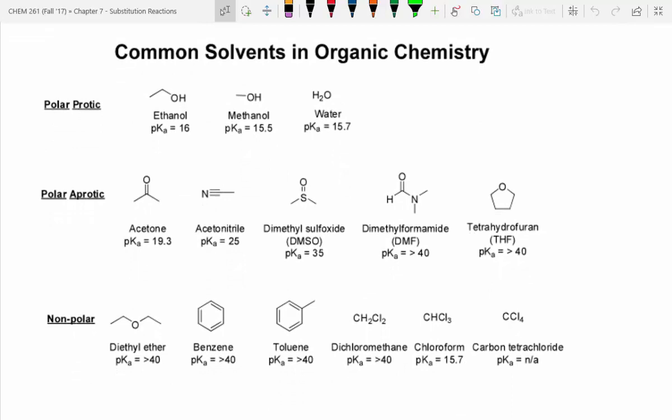The first one are polar protic solvents, and what does it mean if you're protic? What's special about all of these that the other ones don't have? Think about intermolecular forces. Yeah, they can all H-bond, right? So these are H-bonding solvents.